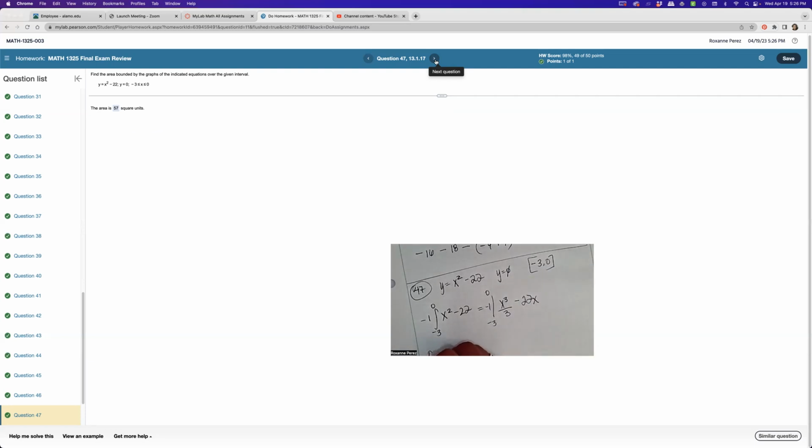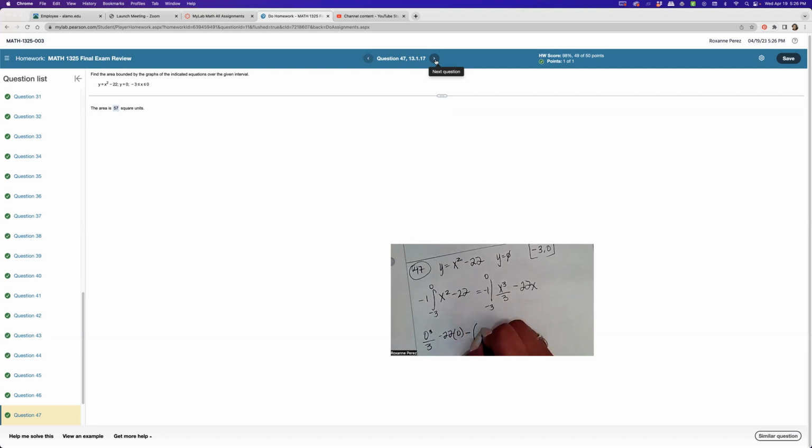So that's going to look like 0 cubed over 3 minus 22 times 0, minus -3 cubed over 3 minus 22 times -3. This term is going to go to 0. This term is going to go to 0.